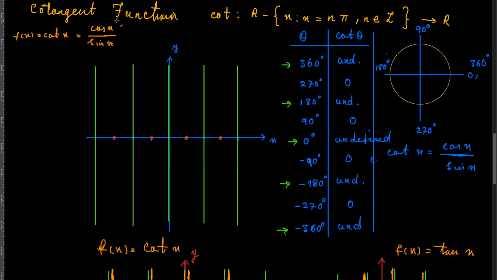So when x is very, very close to 0 degrees, so let's say, for example, 1 degree or so, cos of x is very close to 1, and sine of x is very close to 0.